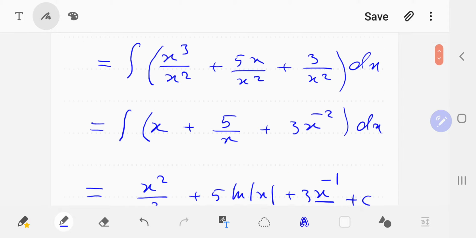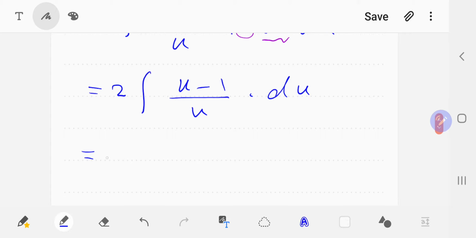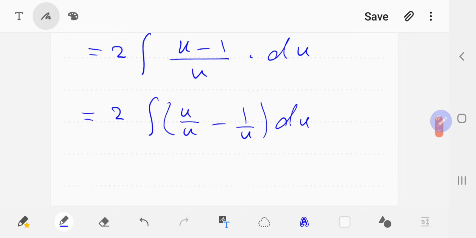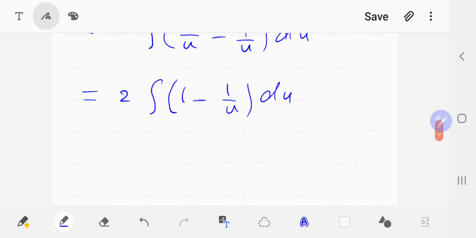Right? We can distribute the denominator. So again here, I can distribute the denominator. So 2 integration of u over u minus 1 over u, all depending on u. So this will be 2 integration of 1 minus 1 over u du. Now it's direct and ready.